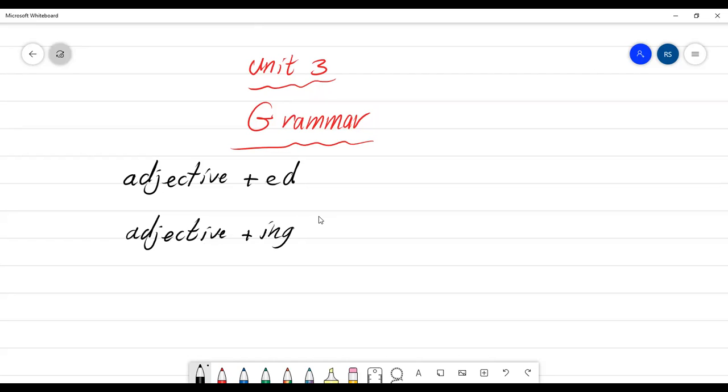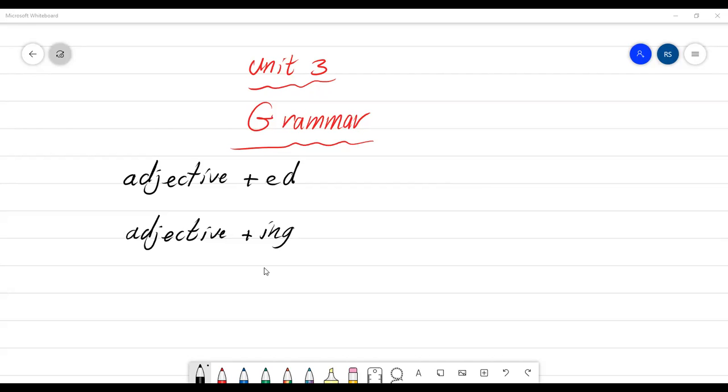We use the past or present participle of the verb as an adjective to describe, with ed, how someone or an animal feels.